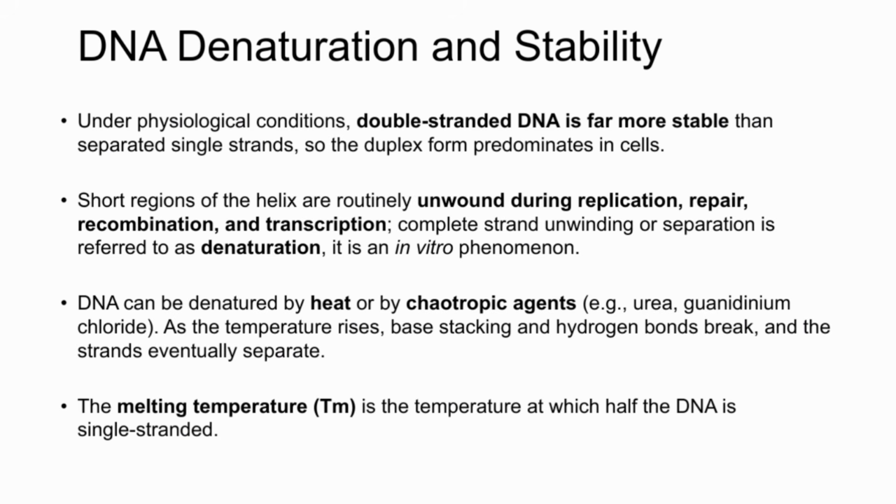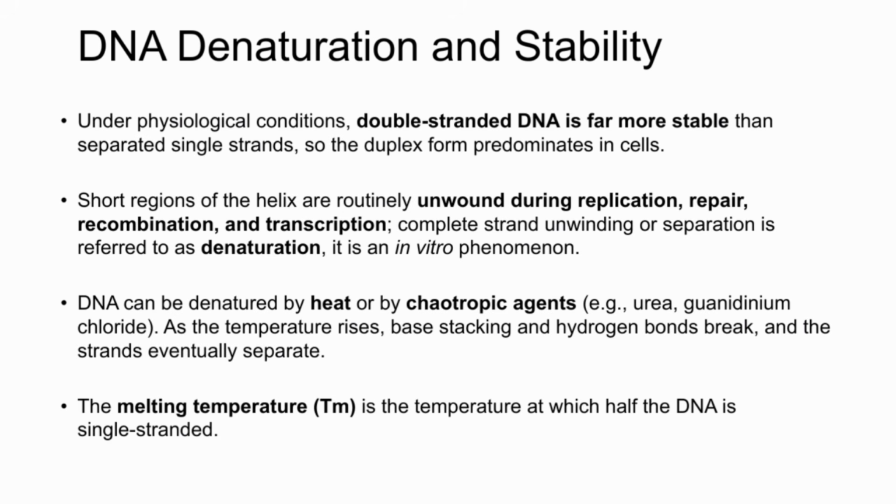Double-stranded DNA is the far more stable configuration. This is usually found under physiological conditions, but there are certain instances where the single-stranded configuration is required, and this will be during replication, transcription, repair, or recombination, which requires that the strands be unwound or separated. And this process is called denaturation.